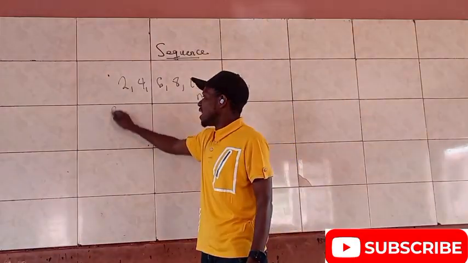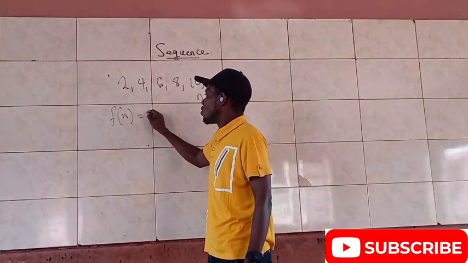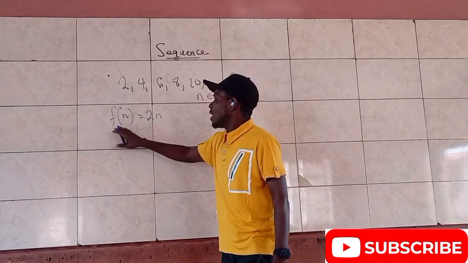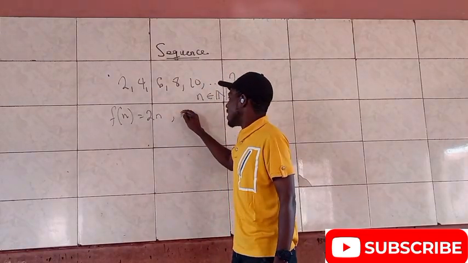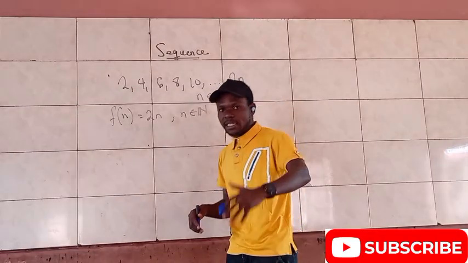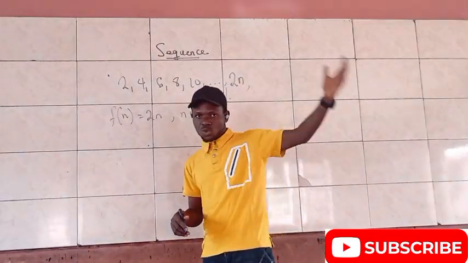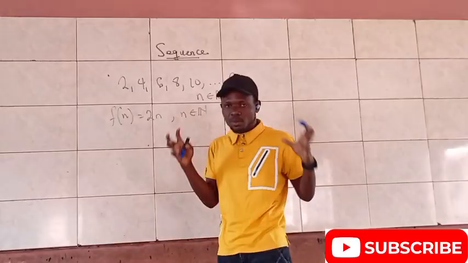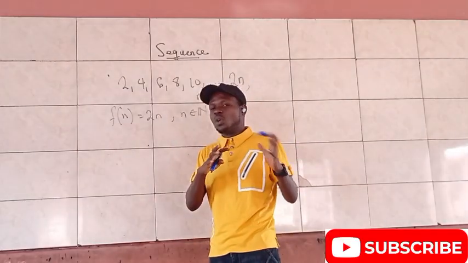So if I say that my function f of n equals 2n, and n is an element of natural numbers, like I explained earlier, n can be 1, 2, 3, and so on. n is a whole number, not a decimal or any other number.